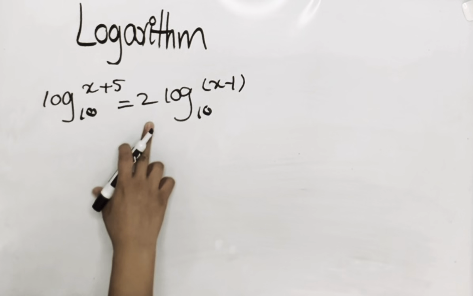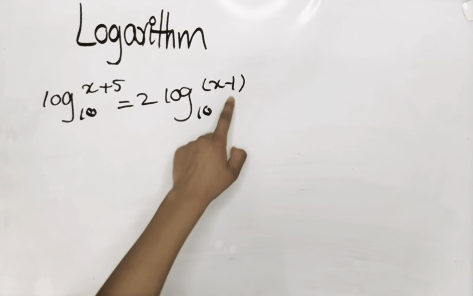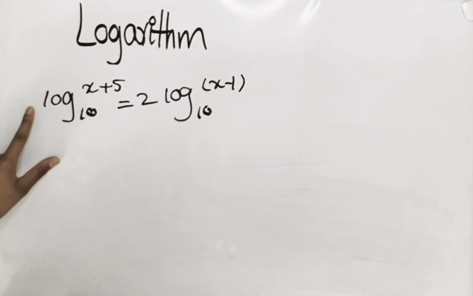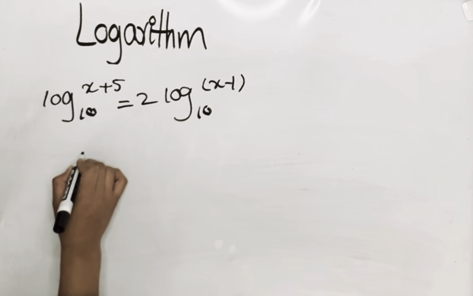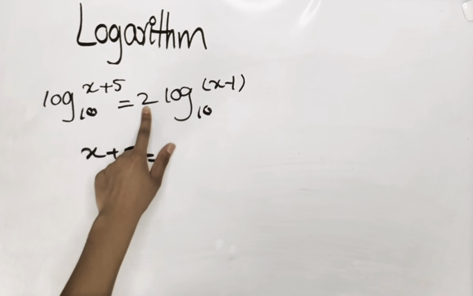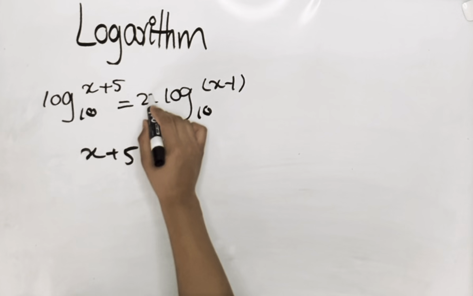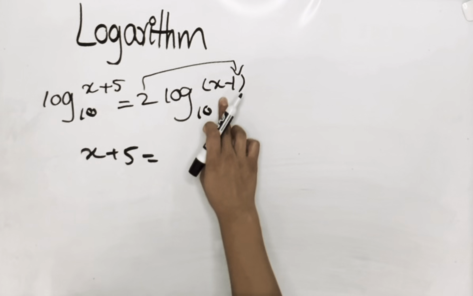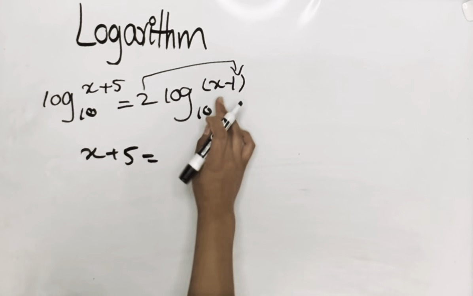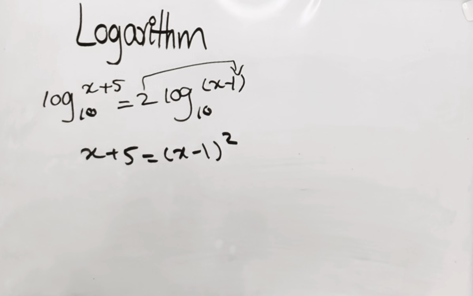However, you should also account for the number that's in front of your log, because that's basically the power of your argument. As you can see, there's no number in here. It's only 1, which means it's just going to be itself. However, as you can see, we have a 2 in here, and based on the rule that I talked about before, we know that that 2 is the power of this argument, which means this is x minus 1 squared. Now, how do we solve for x from here?